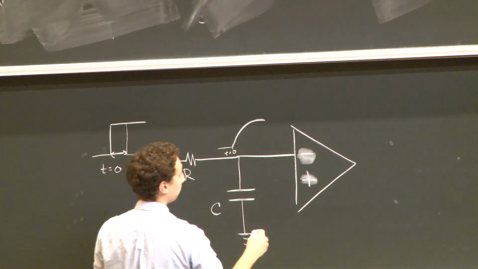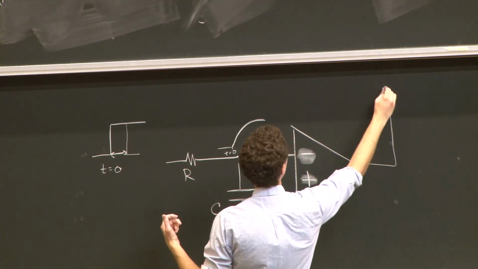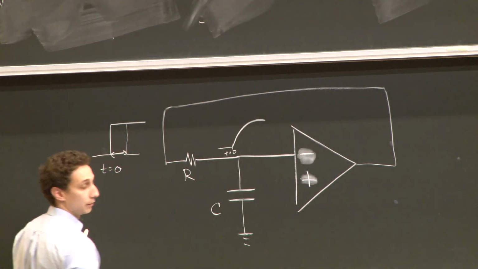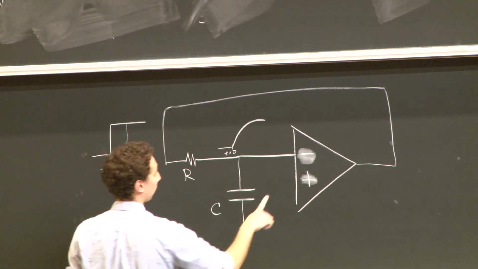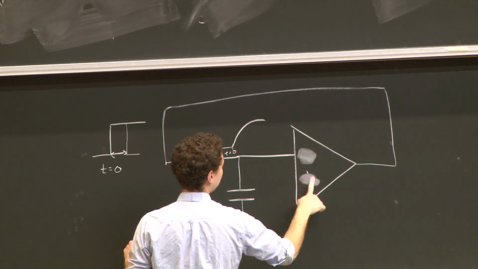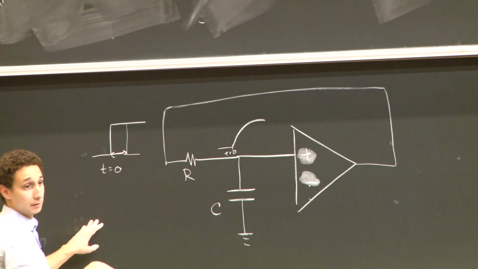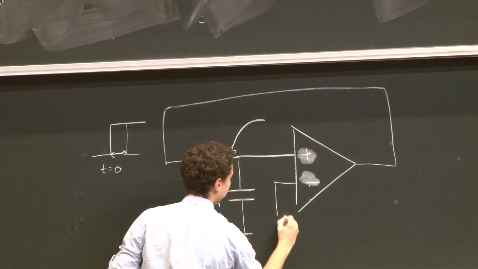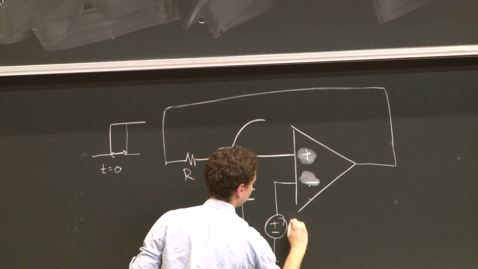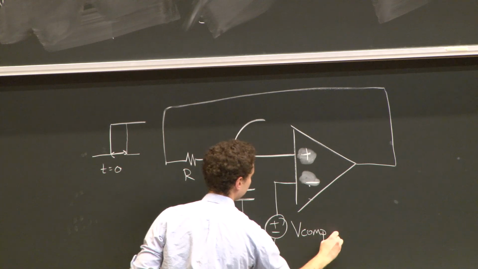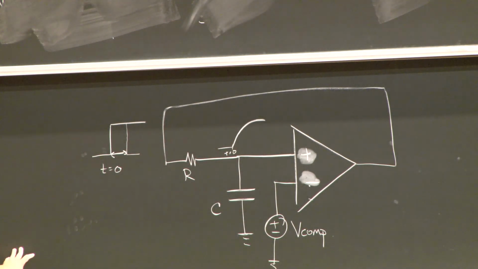So I want to take this output somehow and feed it back to my input. Okay? I actually got it wrong. It's like with a USB stick, you always get it wrong twice. Plus minus. This is positive feedback back here. And this is some threshold voltage, some V comp. Okay?